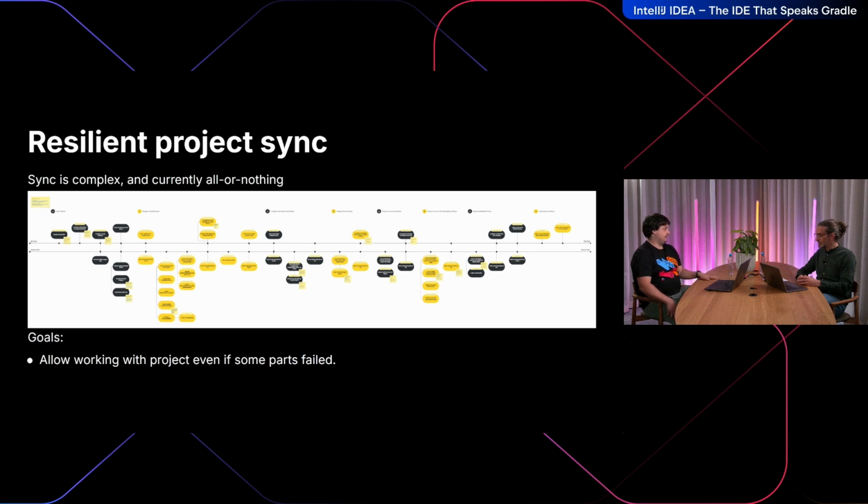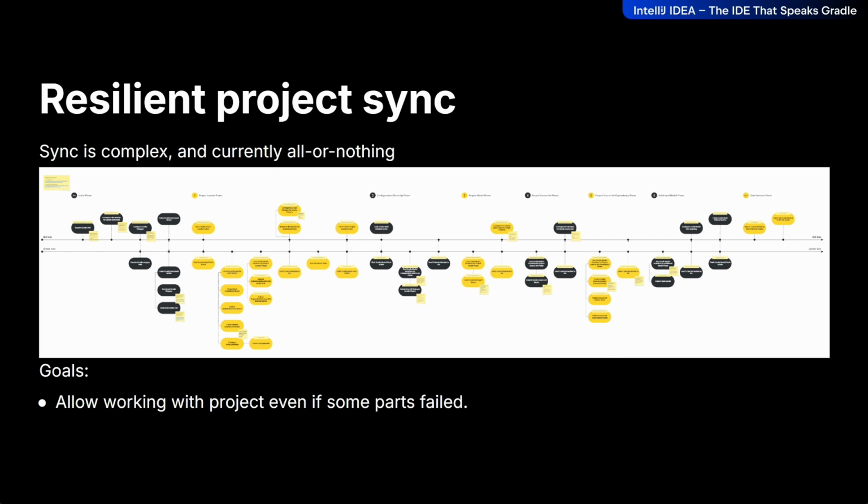Yep. And another aspect to this is that we will need to make some parts of Gradle more lenient toward errors, so we can still continue configuring if something has failed, reporting proper problems to the IDE, and the IDE needs to see some changes also to react to that.